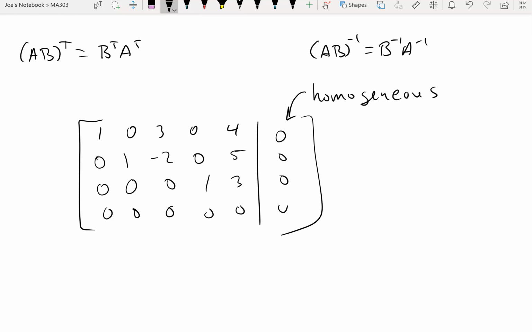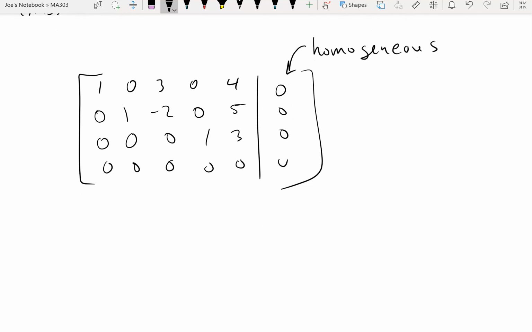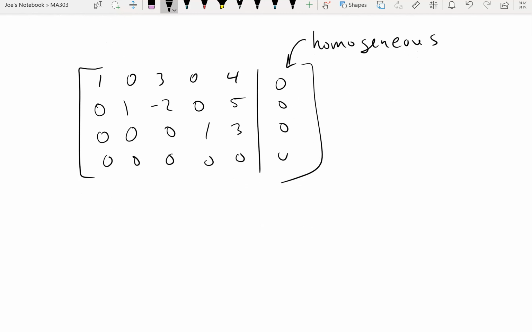In this particular problem, how many free variables do you see? Two. I see a free variable here and here, right? So if I say that's x3 and x5, what do we use for those? Usually we just use parameters, s and t.